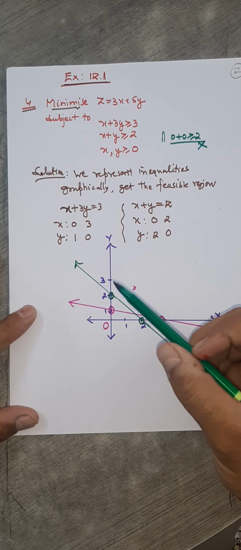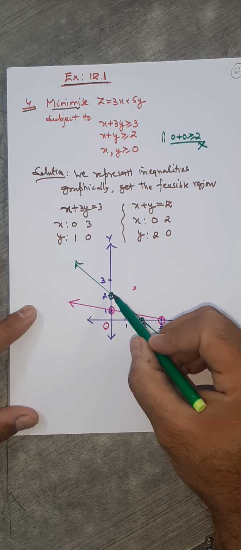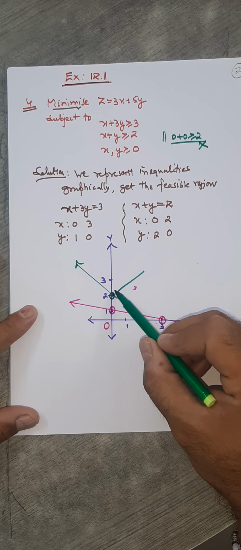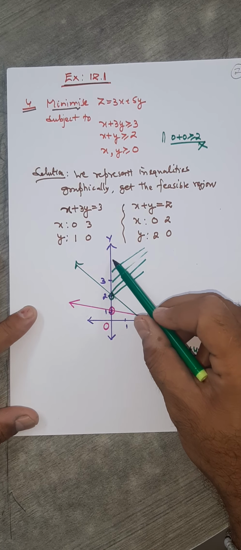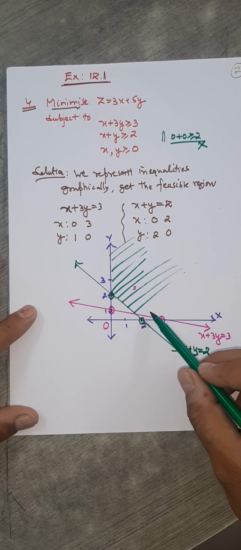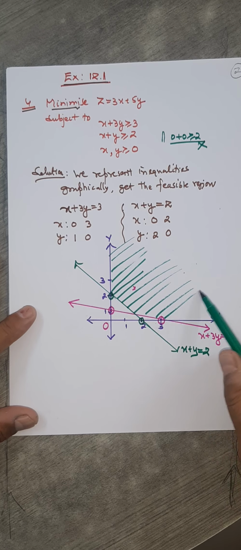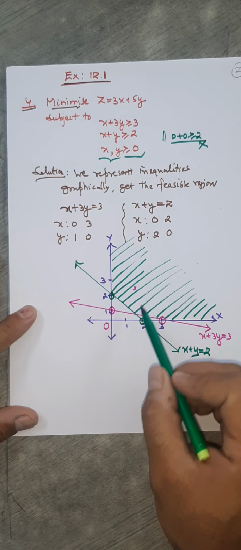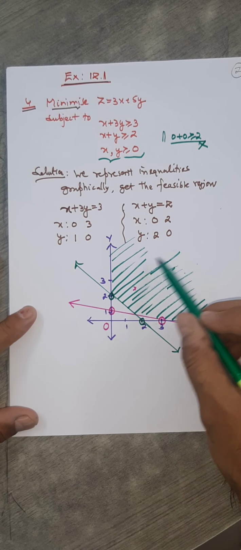So the above region, above this green line, above this pink line, and in the first quadrant. So this is the required region. In the first quadrant, remember. Why in the first quadrant? Because you have the non-negativity condition, this one, right? Therefore only in the first quadrant above these 2 lines.